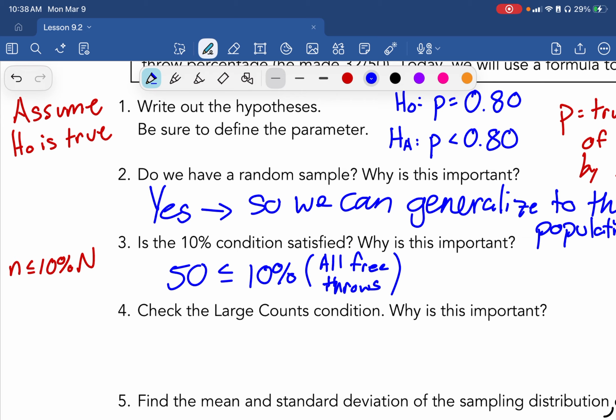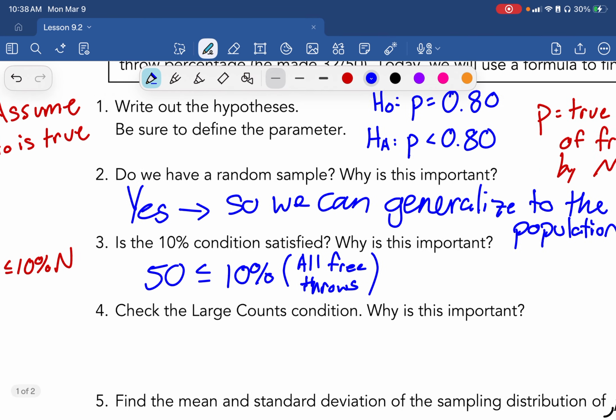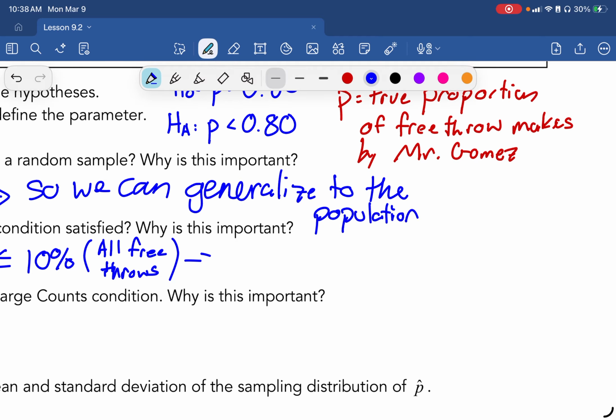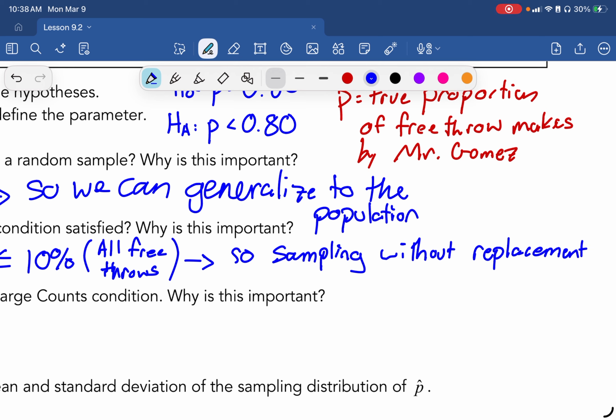So, all free throws, yes. Why do we care? Some people talk about independence and whatnot. I just think the easiest way to say this is so that sampling without replacement is okay. That's the easiest way I found to say that.